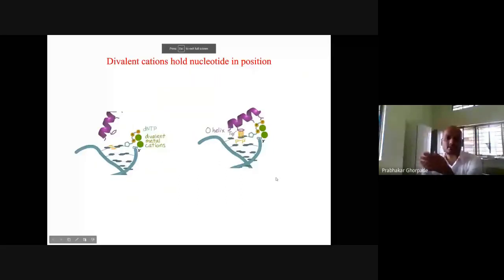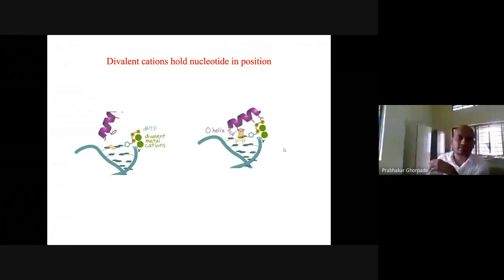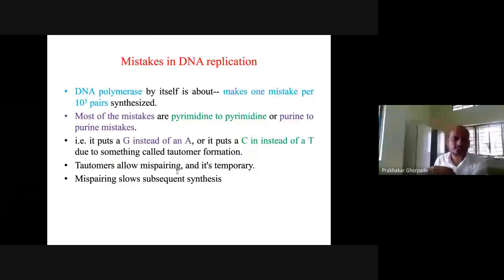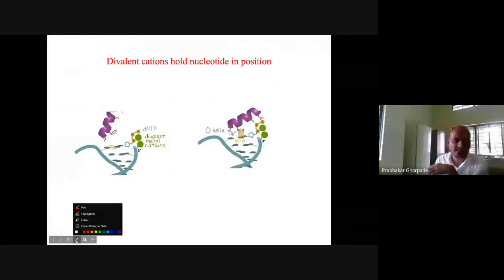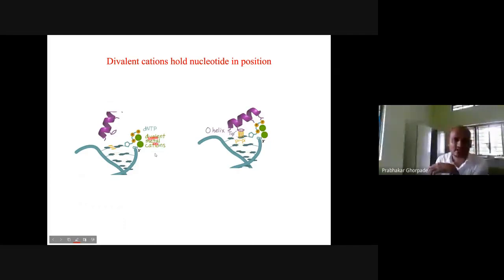If you know DNA polymerase and polymerase chain reaction, we will be needing magnesium in that reaction. So why is this magnesium needed? Magnesium is needed in the given reaction because this divalent cation will help in the holding of this dNTP, deoxynucleotide triphosphate.